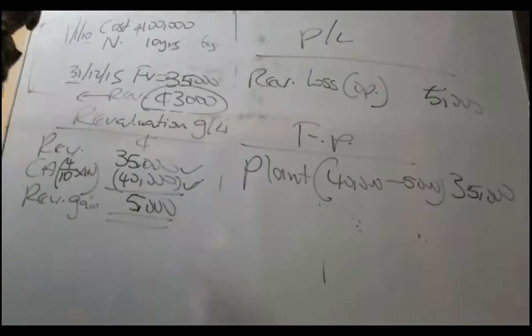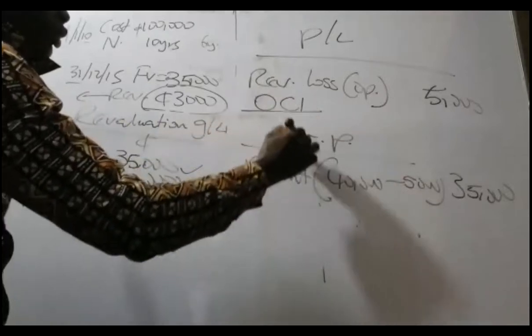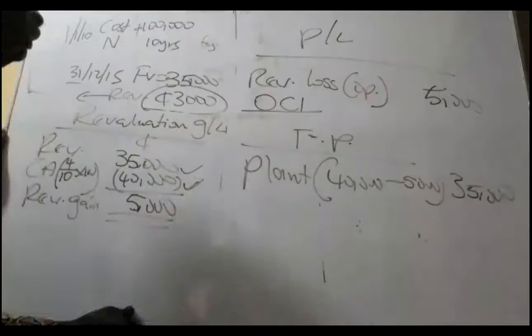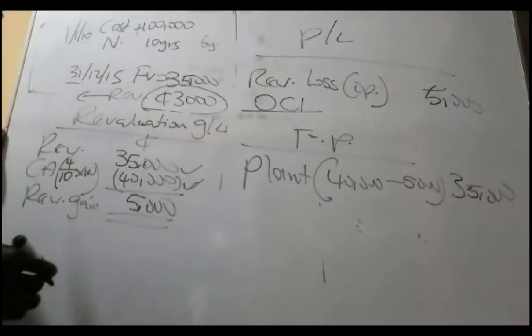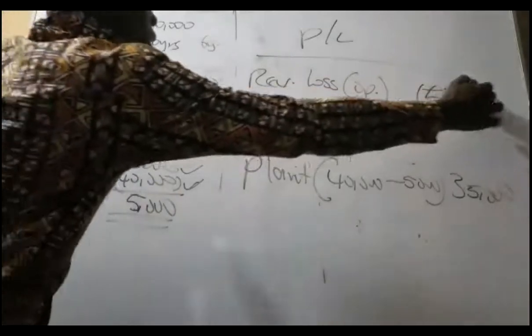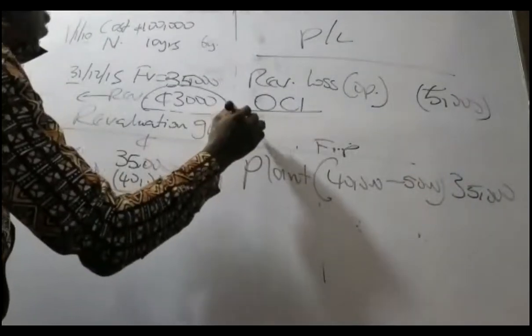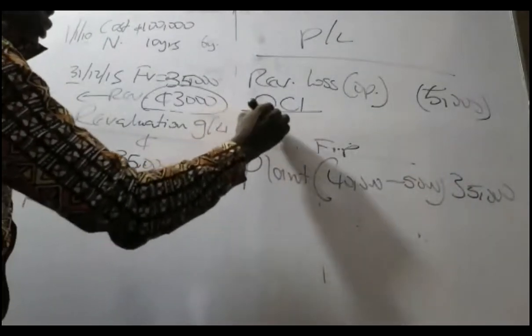So this gain is in OCI, so you go to OCI here. You open brackets nicely and tell the examiner: revaluation loss. Once it's a loss, it must be in brackets.